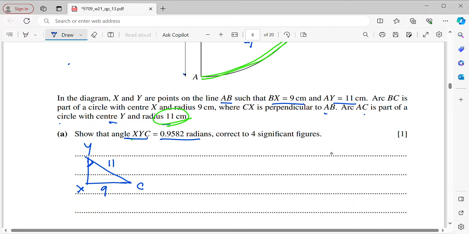And this is the angle. Okay, and here is 90 degrees, right angle triangle. Therefore, I will just use opposite side, which is 9, and then the 11 is a hypotenuse. So sine angle XYC equals to 9 over 11. Therefore, the angle XYC is inverse sine 9 over 11.